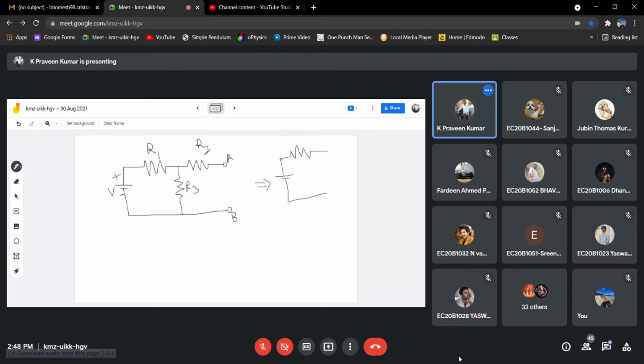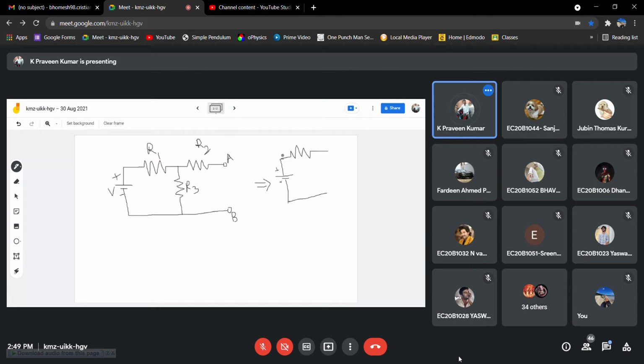So this is the meaning of that statement. Any linear network with one or more voltage or current sources with several resistances can be replaced by a single voltage source and single resistance.